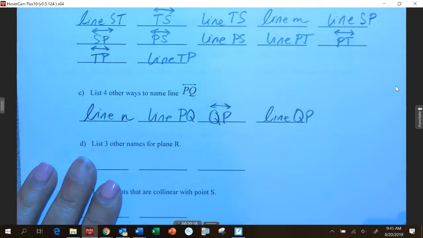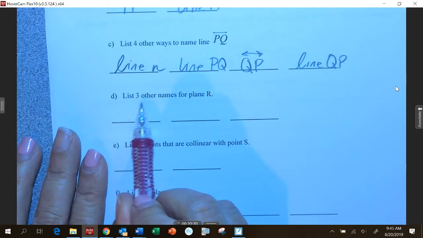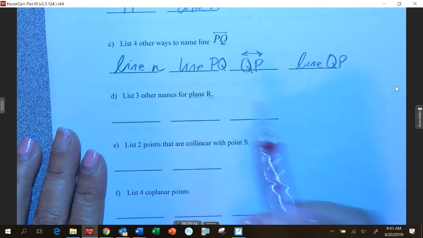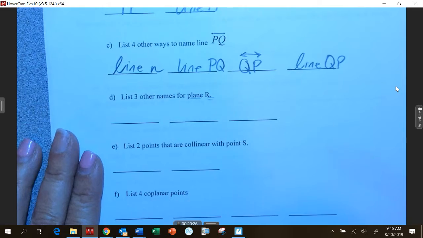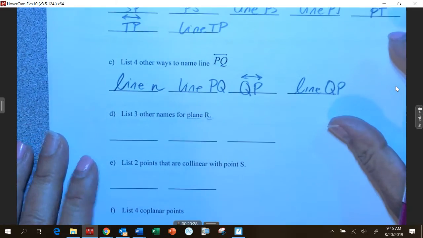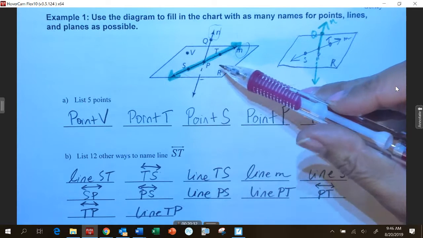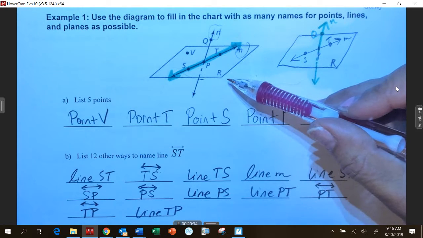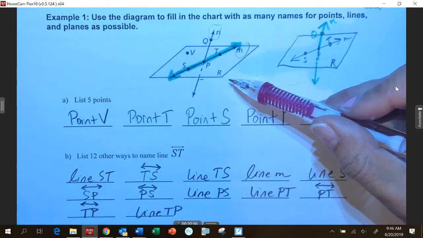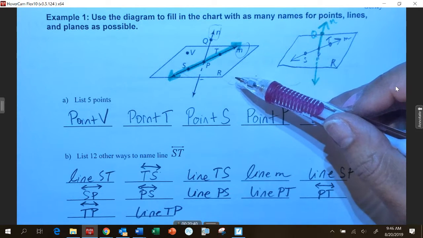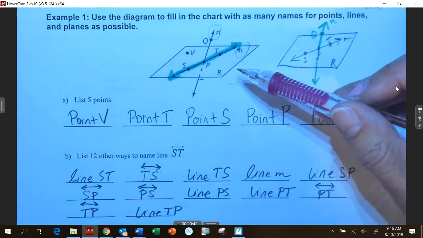Good. Next is list 3 other names for plane R. So plane R, we're looking for the R in the picture, which we kind of already looked at. R, does that have a point near it? No, that's the name of the plane. But there's a different way of naming planes, and we saw that in the first page where it says you can name it with 3 points that are sitting on that plane.